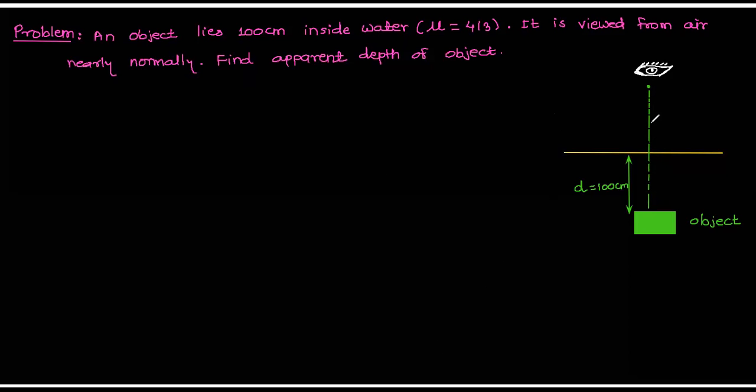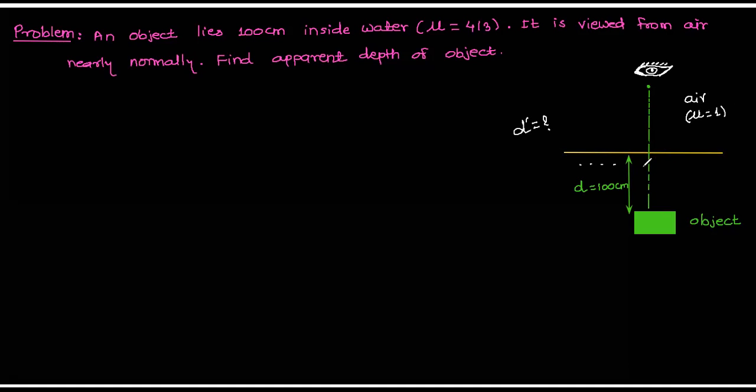So this is what you see, normal incidence, and you want to find d dash because it will appear a little up. So you want to find d dash. D dash is equal to how much? D dash is equal to question mark. And this is air, for this the refractive index is nearly 1. And here it is water.